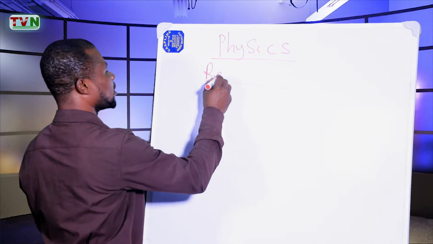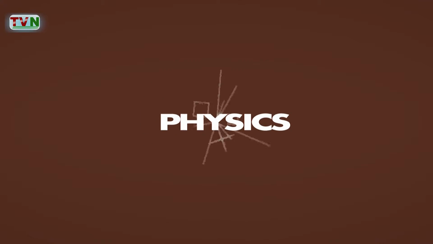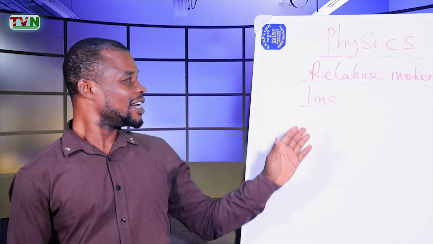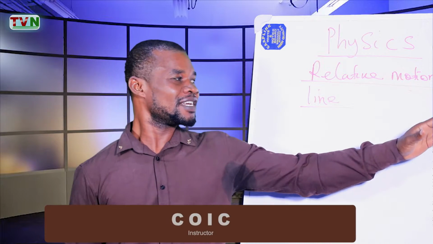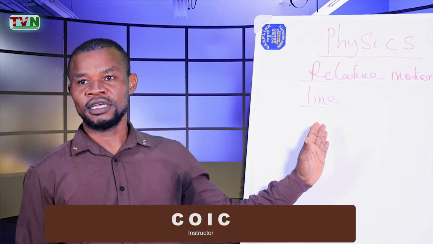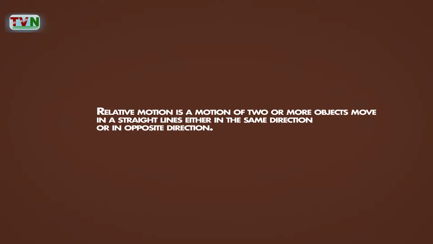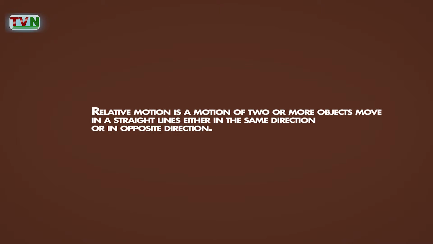Another topic we are going to be discussing now is relative motion in a straight line. Relative motion in a straight line has to do with two or more objects moving in a straight line, either in the same direction or in opposite direction.